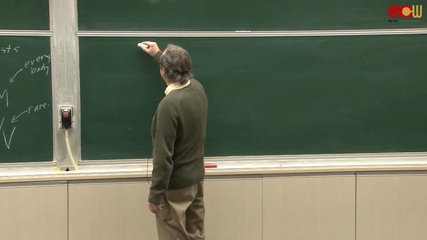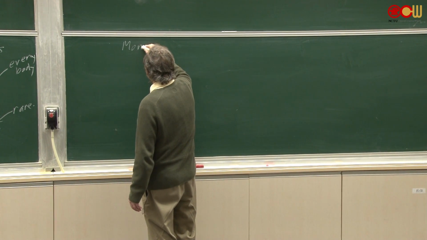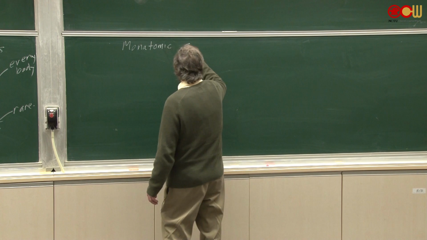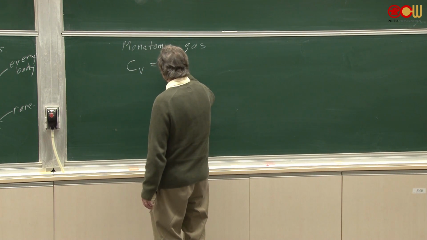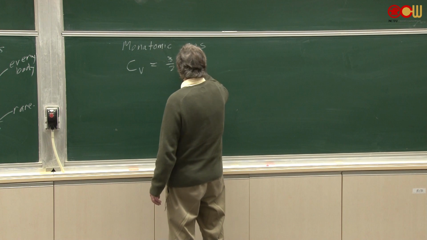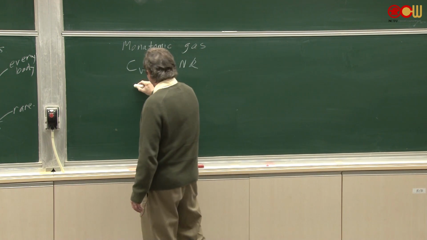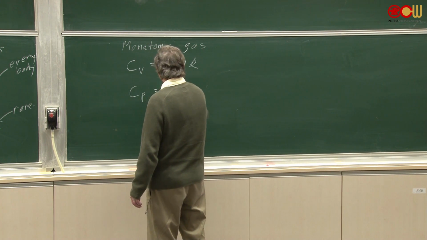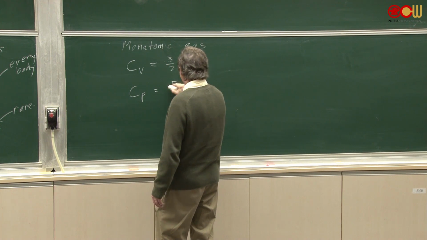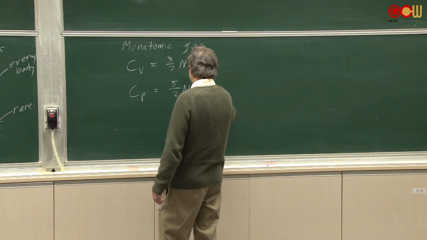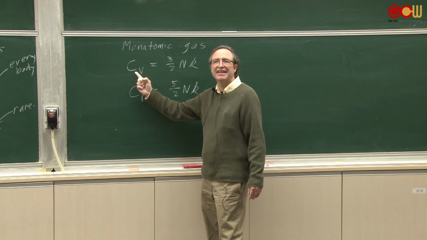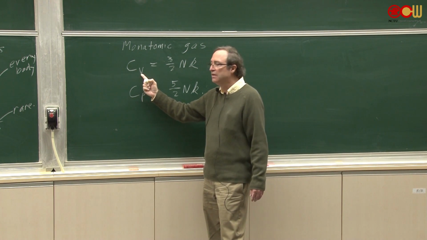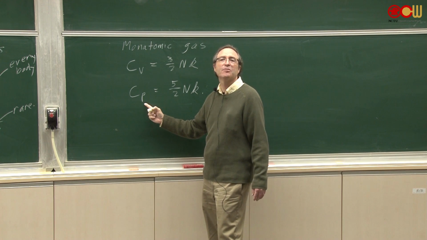And what you find for a monatomic gas, you find C_V equals 3/2 N k, and C_P equals 5/2 N k. So this is the heat capacity at constant volume, and the heat capacity at constant pressure.